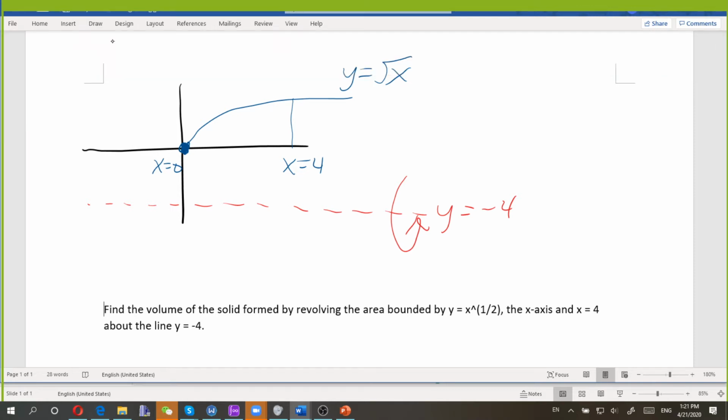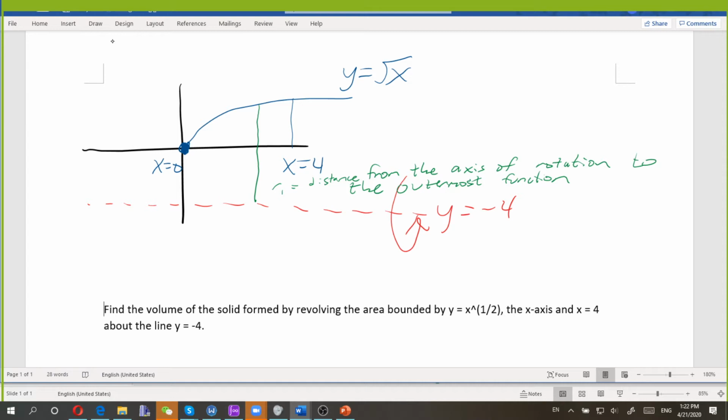My first radius, R1, is the distance from the axis of rotation at y equals -4 in our case, to the outermost function, which means the function that is furthest away from the axis.